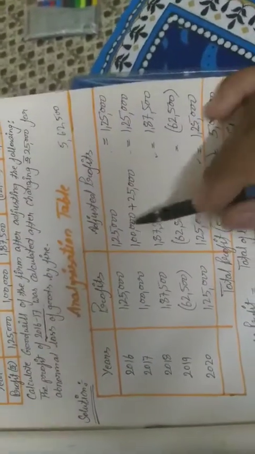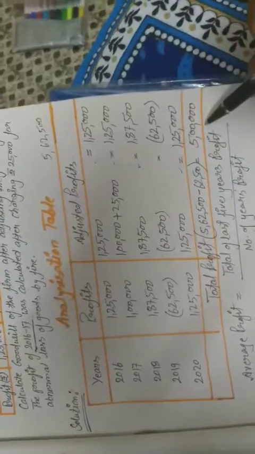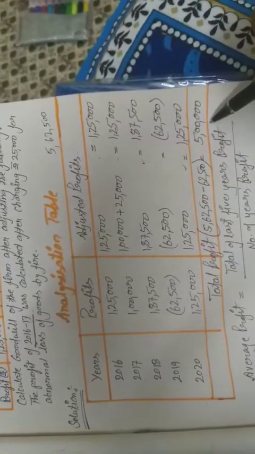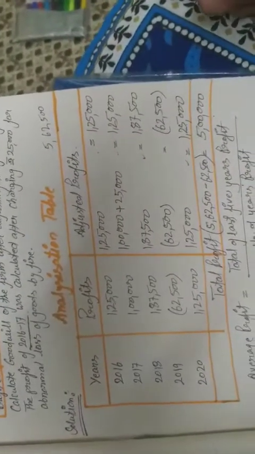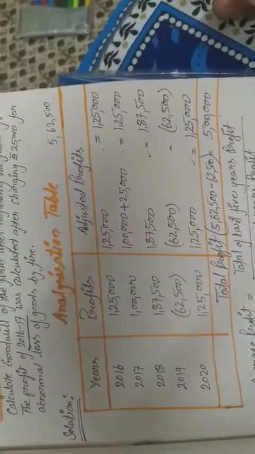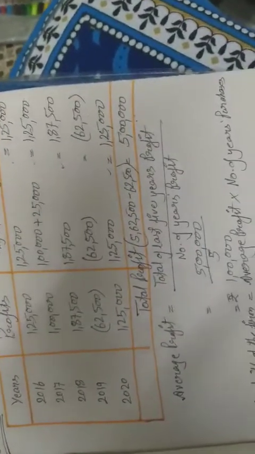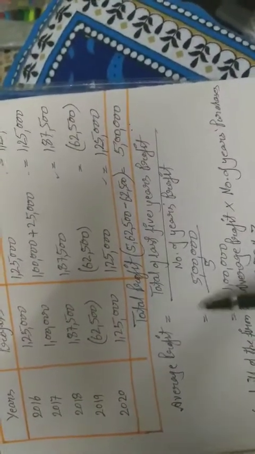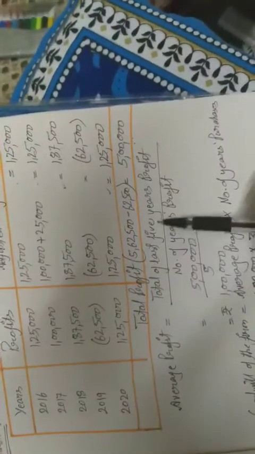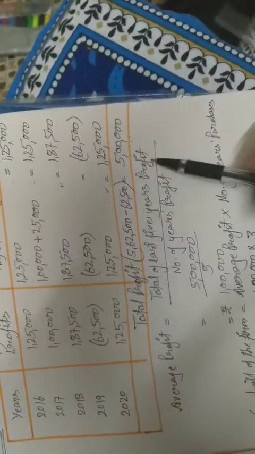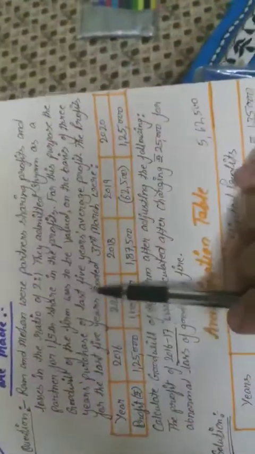How can we solve? First we have to calculate the total profit of the last 5 or 6 years, whatever number of years they are asking in the problem. Then we apply the formula: average profit is the total of the last 5 years' profit divided by the number of years, because they ask for the average profit of the last 5 years.